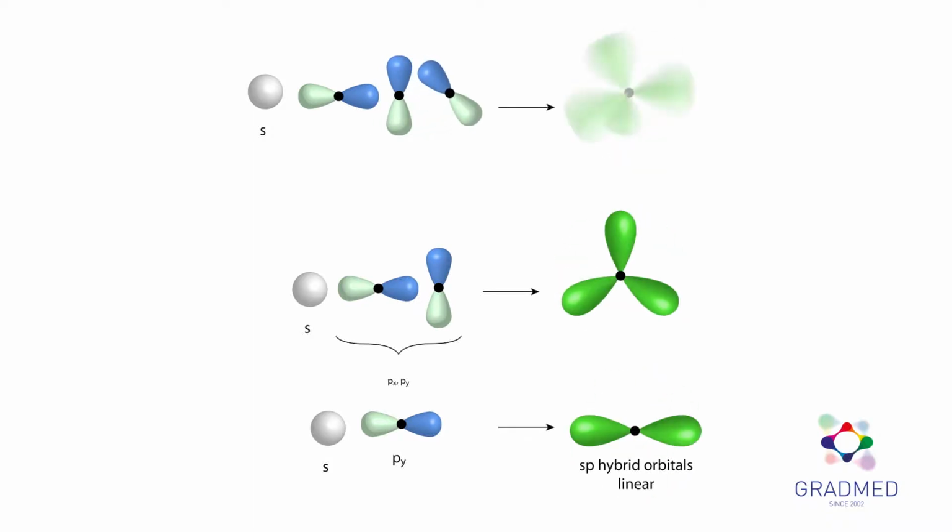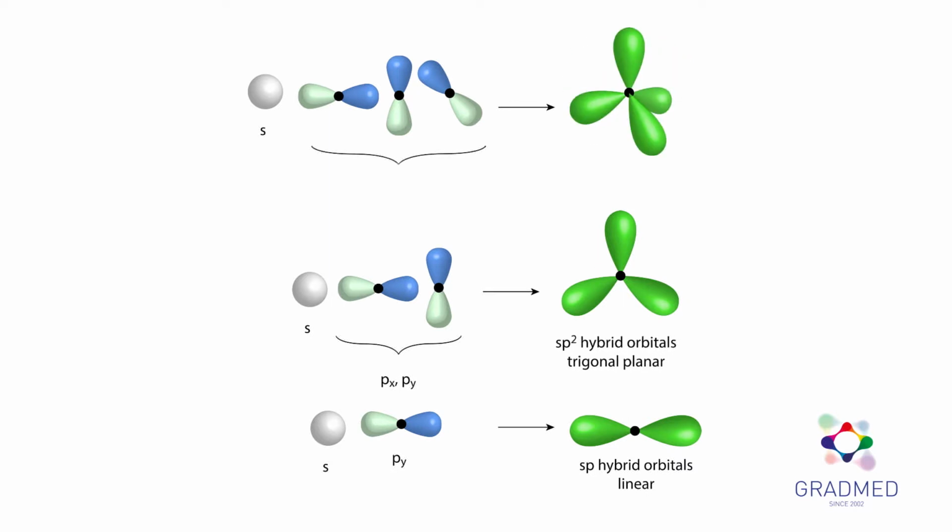This means that each carbon only has one p and one s electron left to form hybrid orbitals, and so both carbons form two sp hybrid orbitals. Now the best way to arrange two orbitals is in a straight line, meaning that the shape around the triple bond is linear, a straight line.